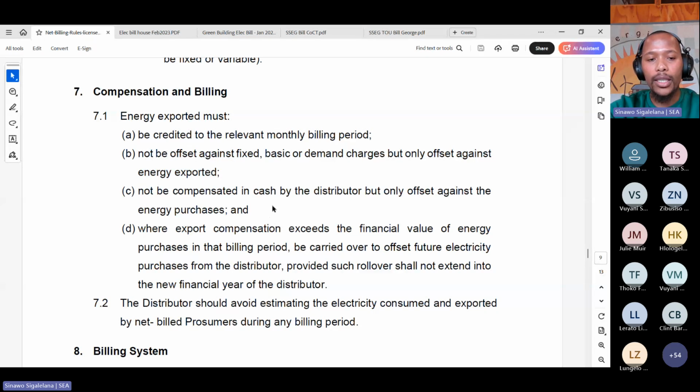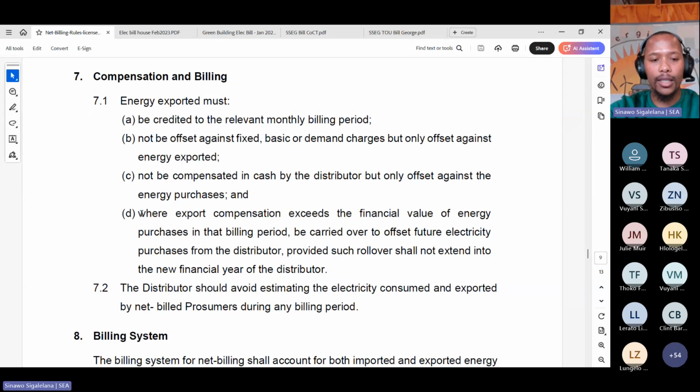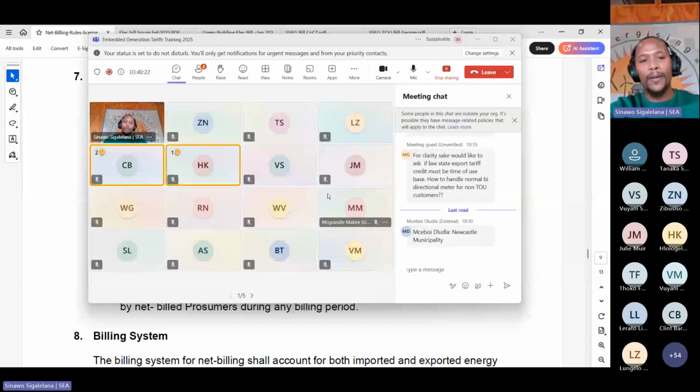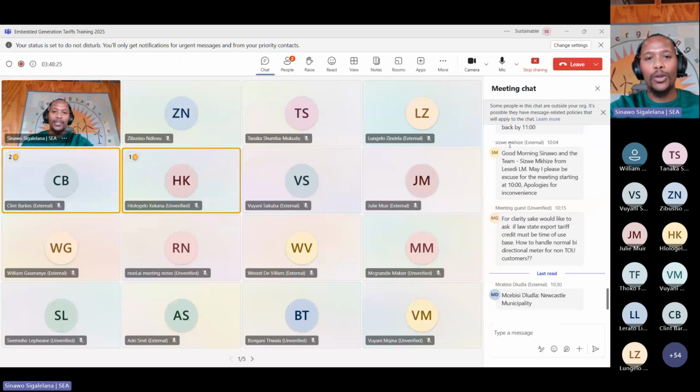Not to be compensated in cash. Where export compensation exceeds the financial value of energy purchases in that billing period, it is to be carried over to offset future electricity purchases from the distributor, provided such rollover shall not extend into the new financial year of the distributor. All right, colleagues, feel free to ask questions.